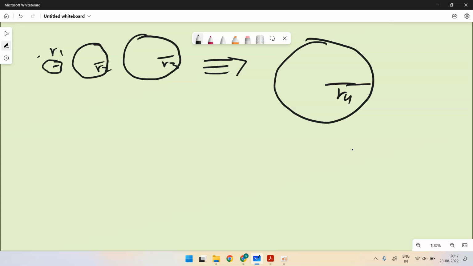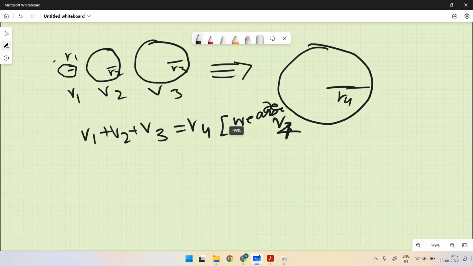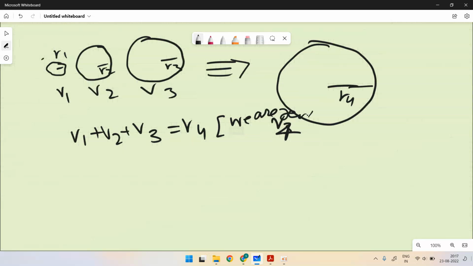Now this volume V1, V2, V3, and this is V4. See, volume 1 plus volume 2 plus volume 3 equal to V4. Why? Because we are recasting it.